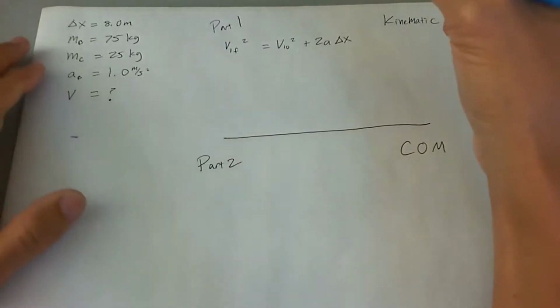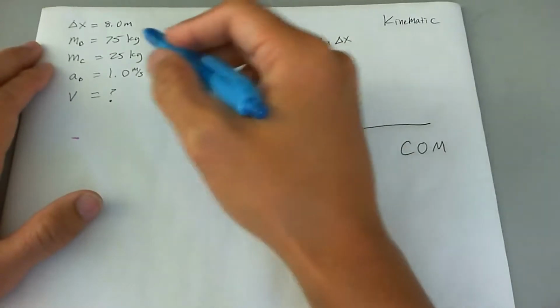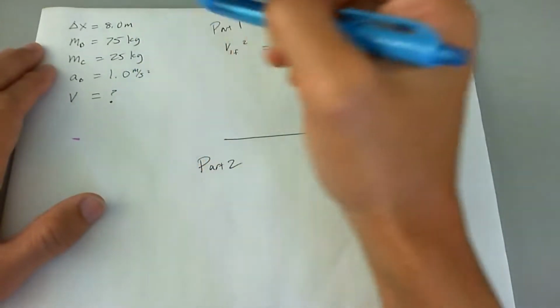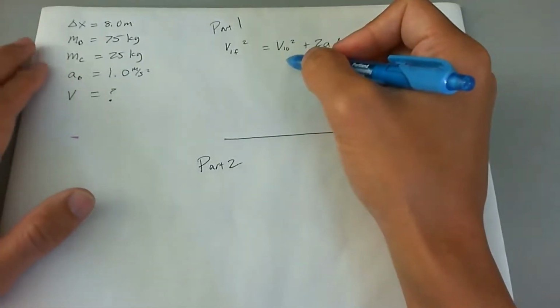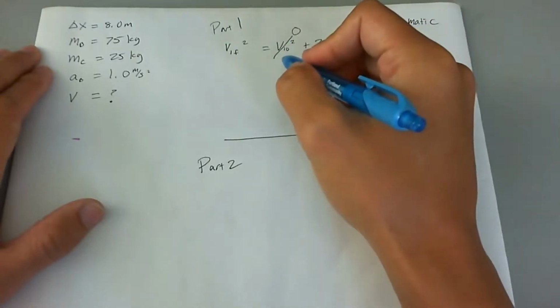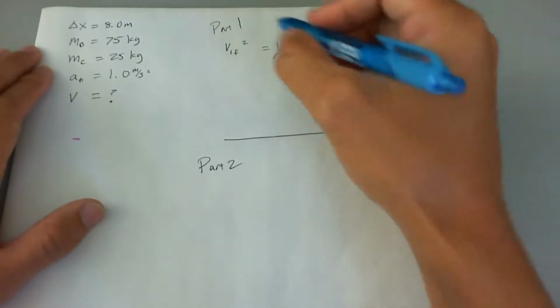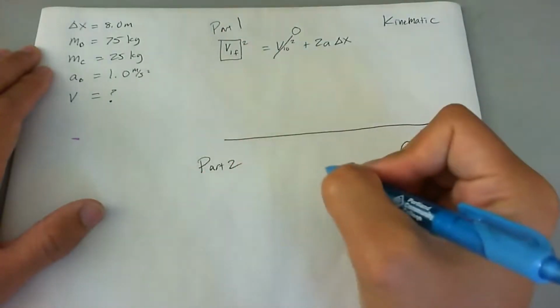And this is from just knowing the parameters that are given in the problem and then making up your own that you see fit. We know that Bob starts at rest, so in the very first part of the problem, his initial velocity is 0. This final velocity is what we're trying to find, which would then go to part 2.